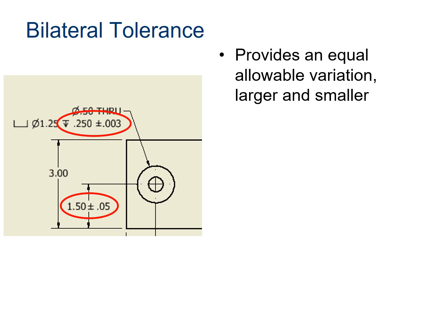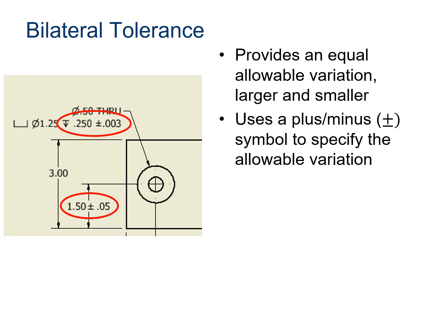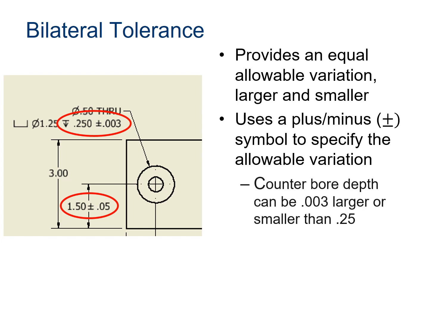And if you'll notice on the next one down, you have 1.5 plus or minus 0.05. Okay. And so that plus or minus is used to specify the allowable variation in the up or down direction.